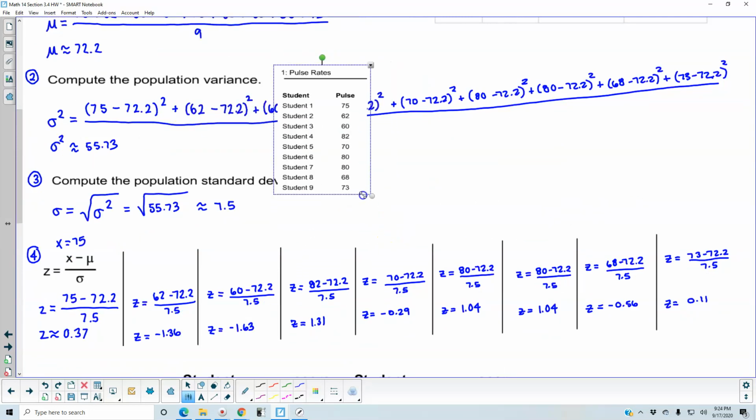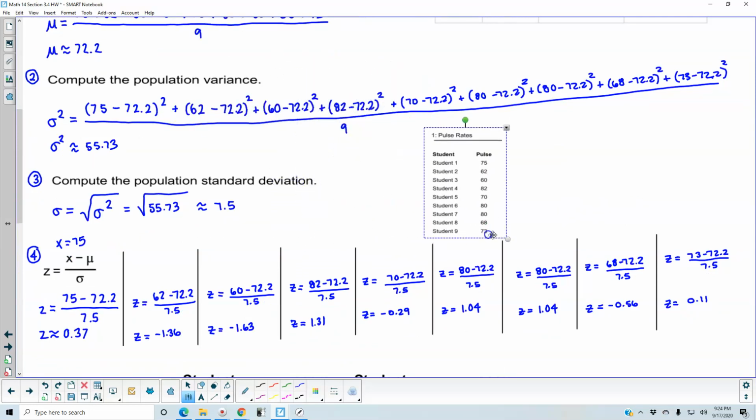That's the pulse rate, so we're going to use our z-score formula to find out what that z-score would be. It's going to be 75, which is the data value, minus our population mean of 72.2, divided by our standard deviation of 7.5. So the z-score for 75 is 0.37.